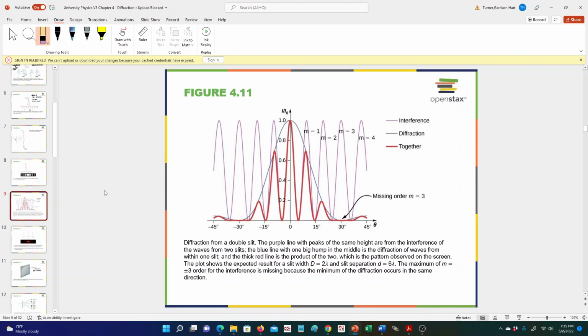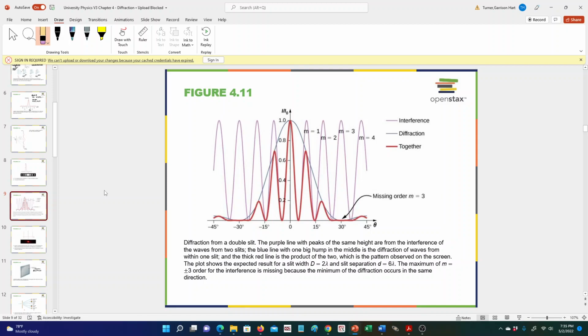So when you apply Huygens' principle and the light point sources turn into their own wavefronts, it's those wavefronts that are interfering with each other. So basically, you have interference of diffraction.